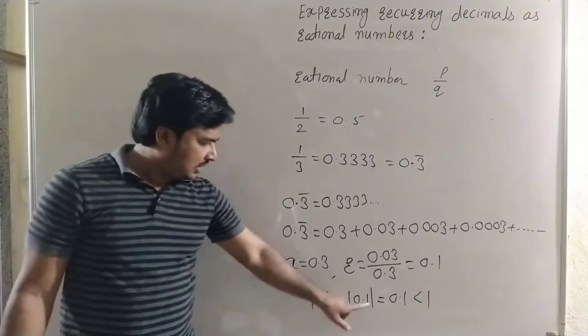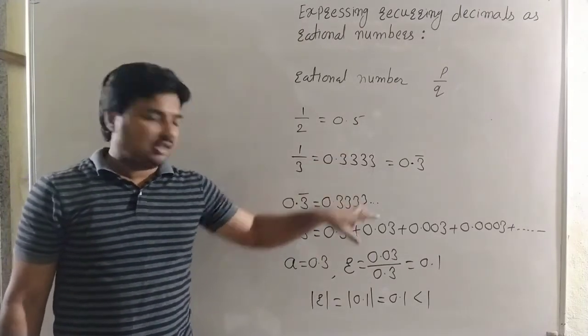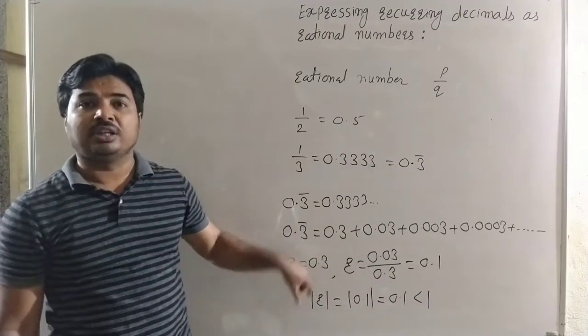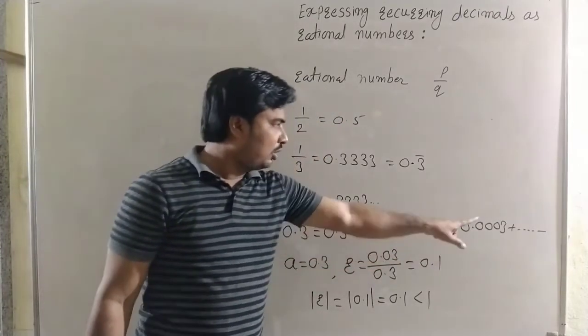That means this geometric progression satisfies the condition mod r less than 1, and the first term is 0.3.